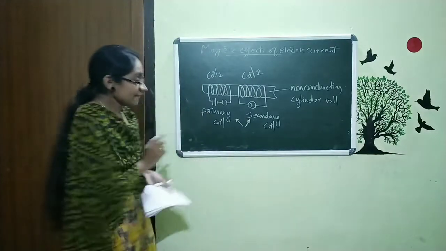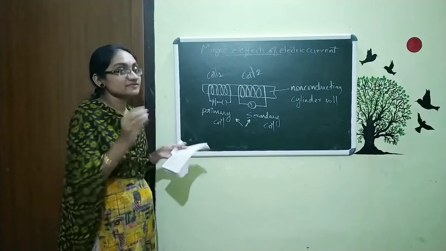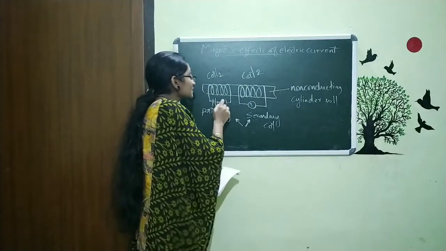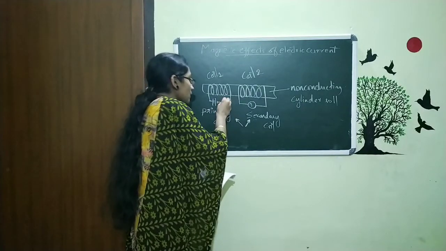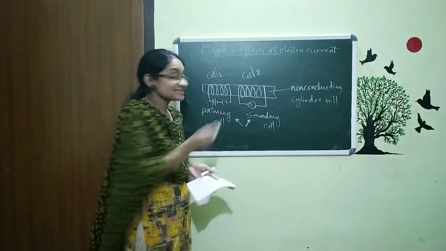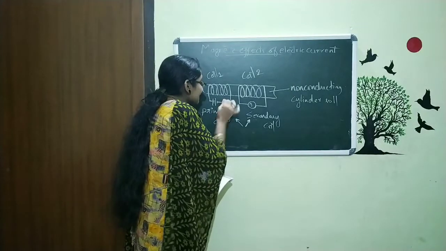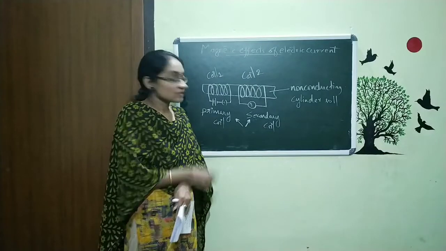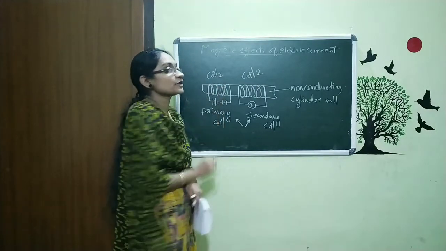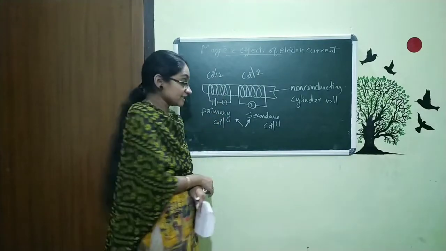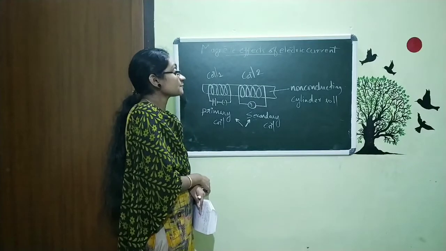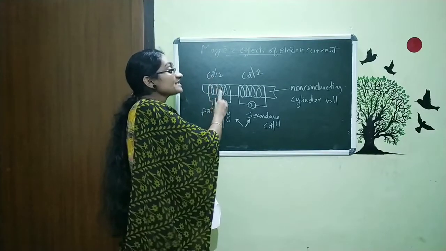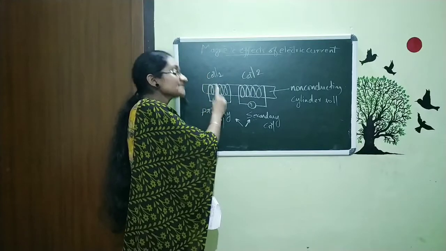So here you can see that a continuous variation occurs when the key is switched on, off, on, off, on, off. That means when the electricity is flowing, it produces a magnetic field.